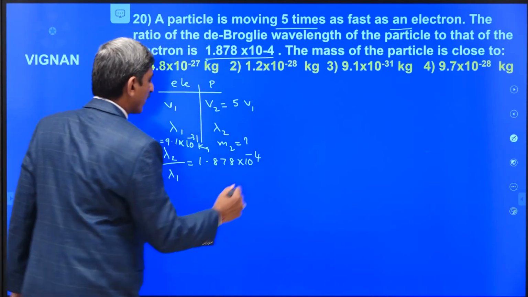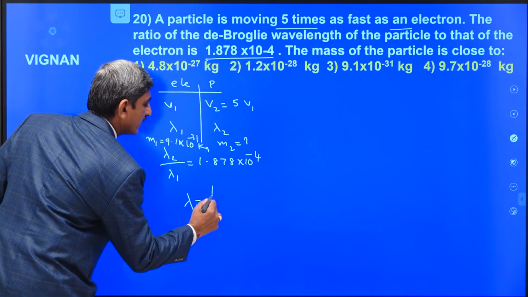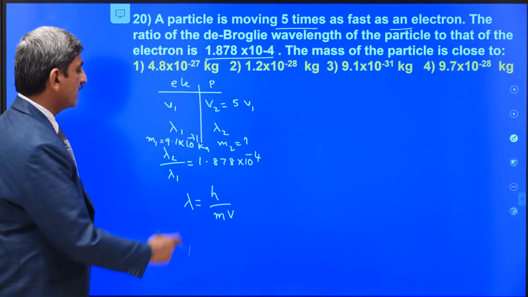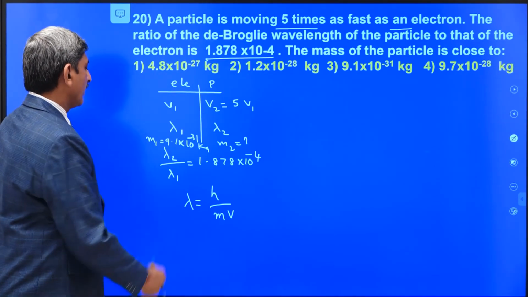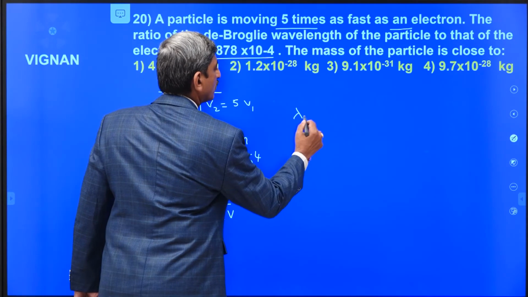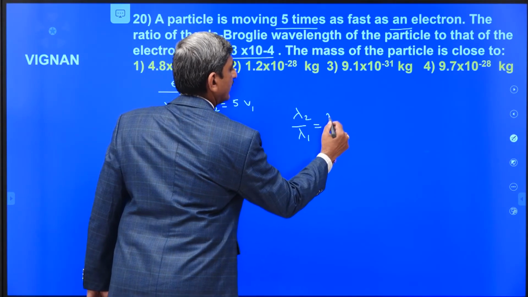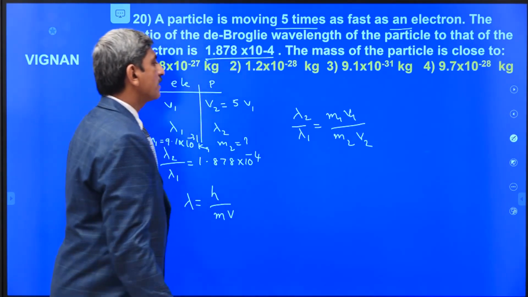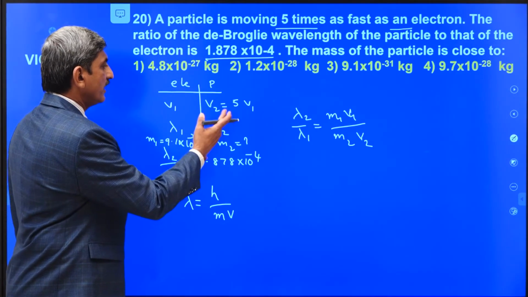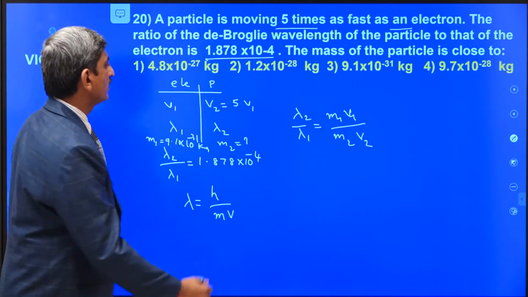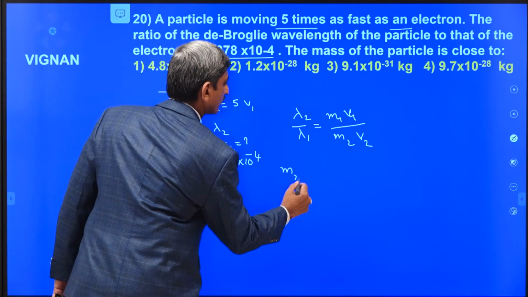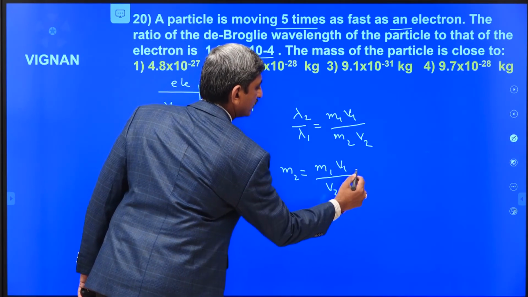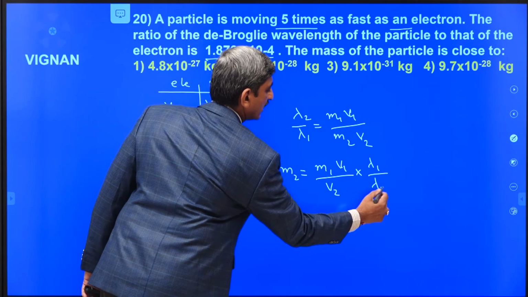Already we know the formula for the de Broglie wavelength. The de Broglie wavelength is given by lambda is equal to h by mv. Here m is the mass of the particle and v is the velocity of the particle. By using this equation, we can write lambda 2 divided by lambda 1 is equal to m1 v1 divided by m2 v2. By substituting the lambda ratio, m1, v1 and v2 values, we can find the m2 value, that is m2 is equal to m1 v1 by v2 into lambda 1 divided by lambda 2.